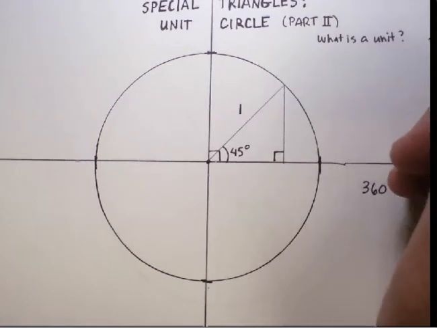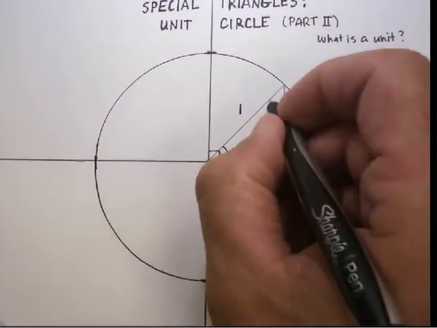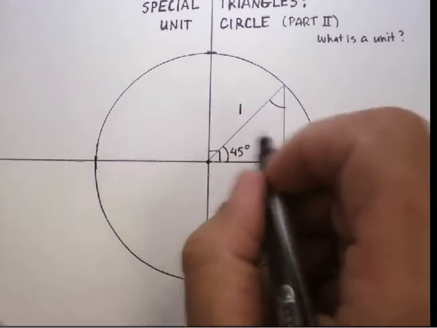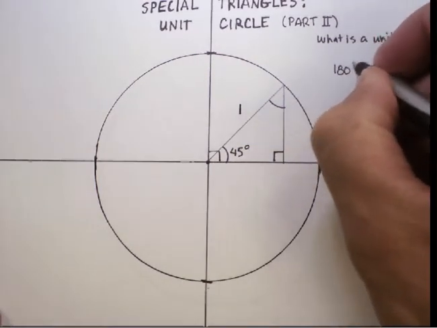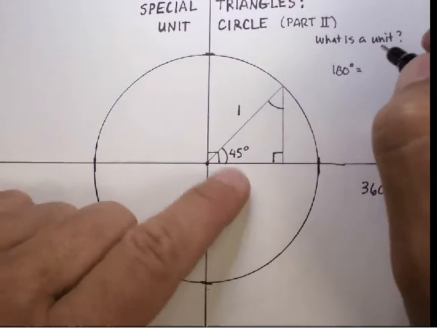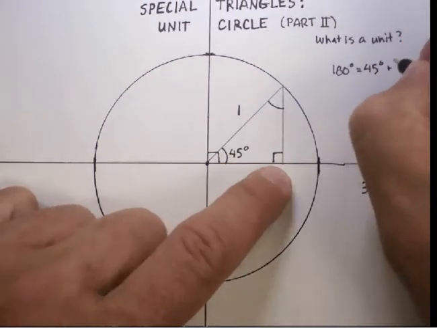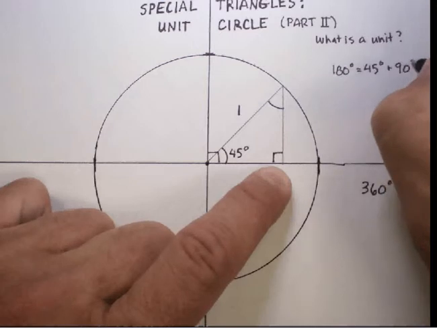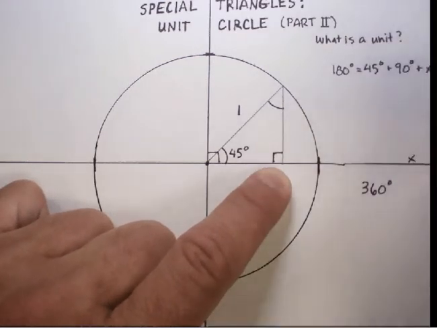Now, what we know from triangles is that all the interior angles add up to 180 degrees. Don't we? We know that. So if one of our angles is 45 and another angle is 90 degrees, that means that this last angle is going to be 45 degrees as well.